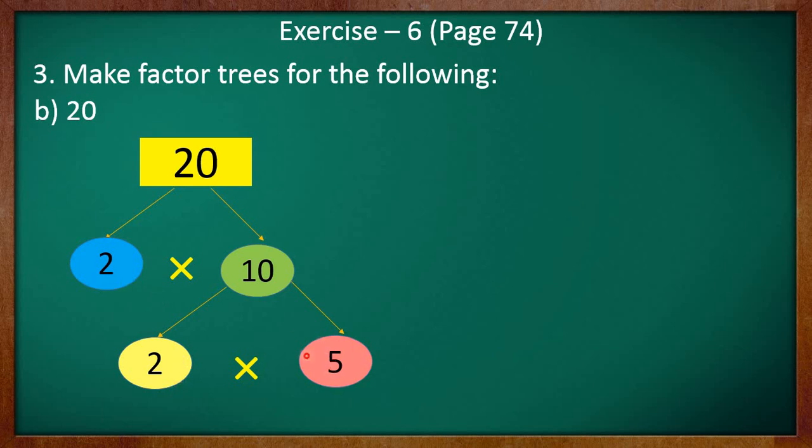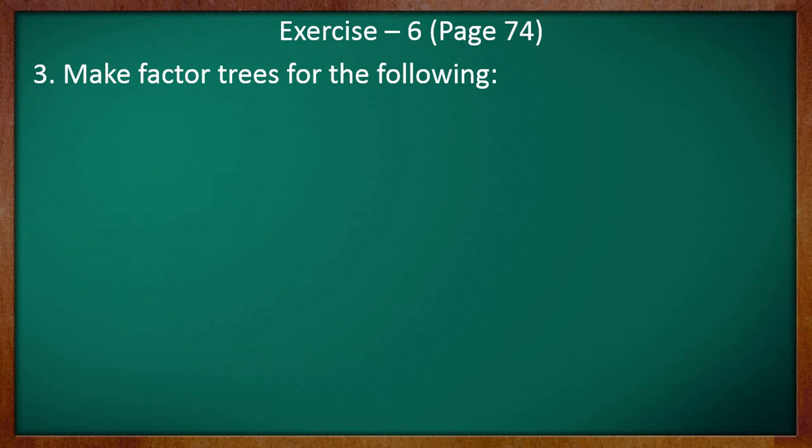Now if you look at number 5, the only two factors of number 5 are 1 and 5. That means you cannot extend the branches of this factor tree from this end also. That means we will stop here and we will write the factors of 20 as 2 multiplied by 2 multiplied by 5.